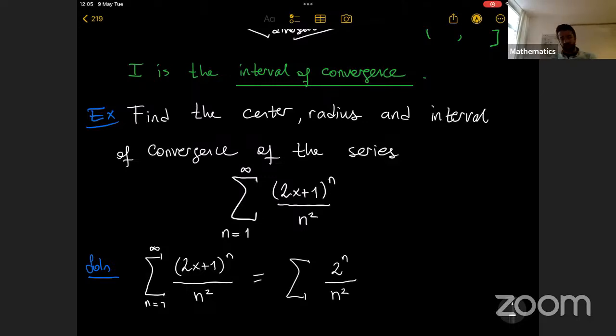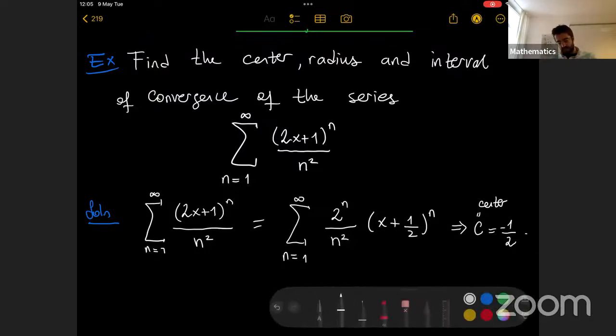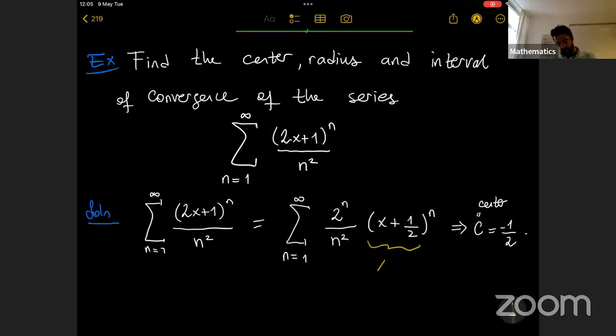When you take 2 out, it's going to be x plus 1/2 to the n. So you see that -1/2 is your center, because this is like x minus -1/2.